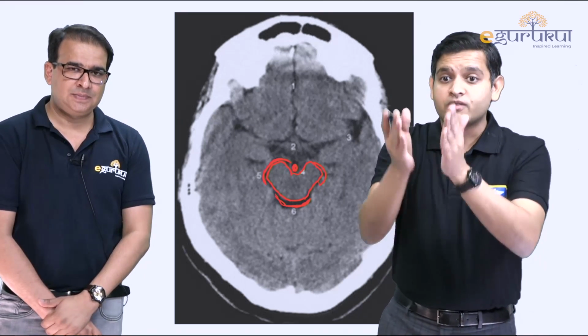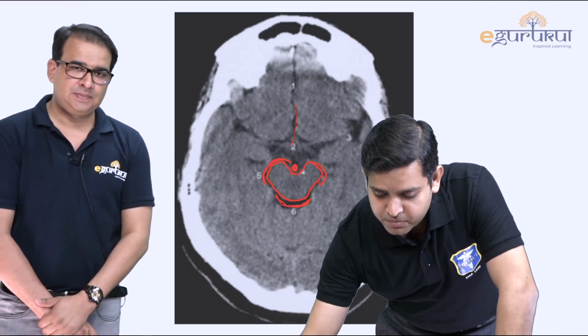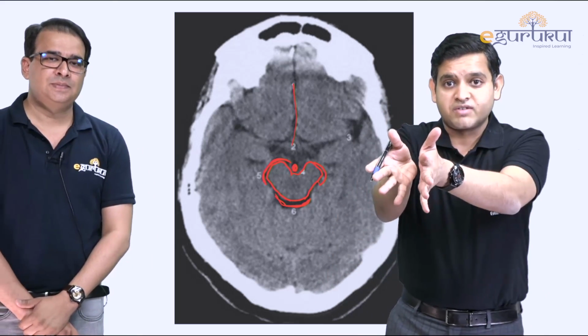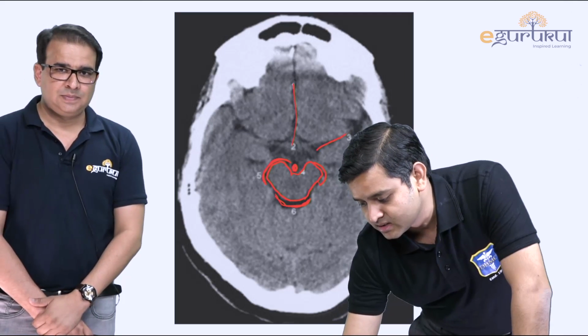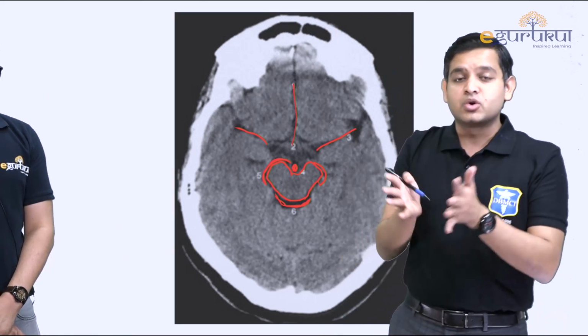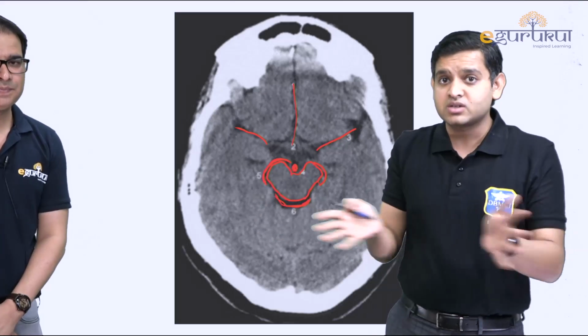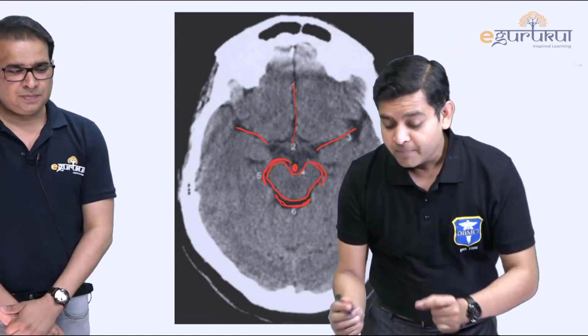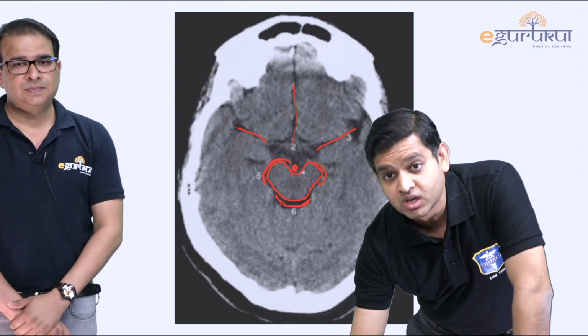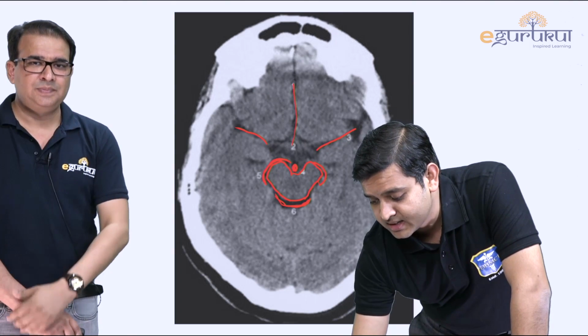Now if you go forward, you could see the CSF space going between the two hemispheres, the interhemispheric fissure, which is called the interhemispheric cistern if you want to label it, and the lateral CSF space that is predominantly going towards the Sylvian fissure. Okay, so that's a Sylvian fissure. Now the significance, as he rightly mentioned, is that the major part of the posterior cerebral artery is lying in the ambient cistern.